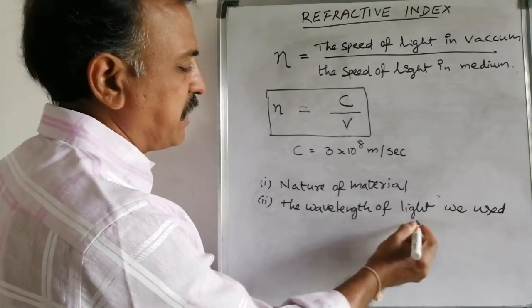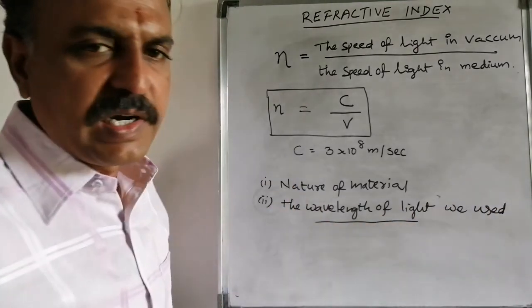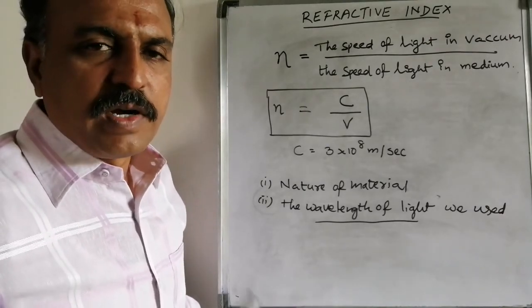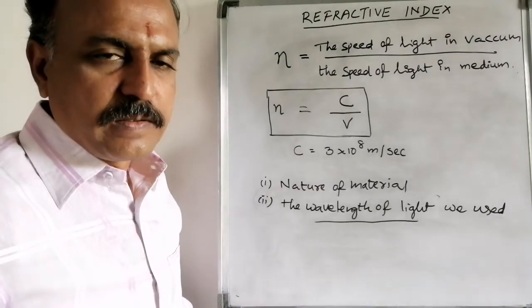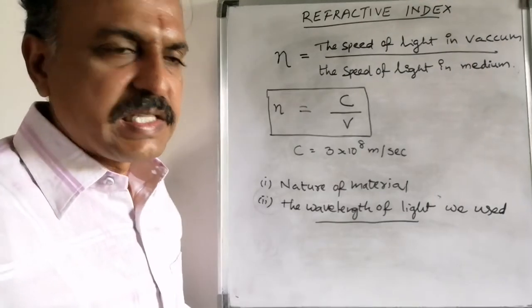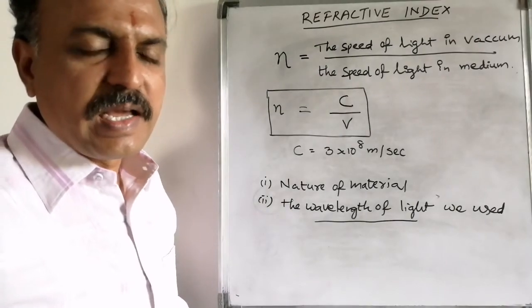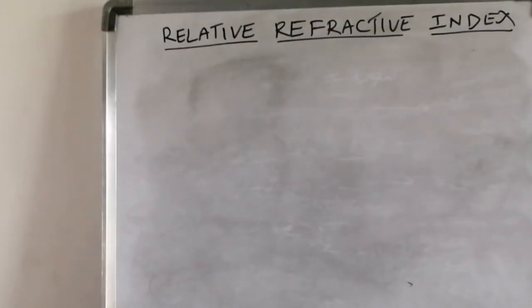Look here, the wavelength is different from one light to another light. So we simply say that light is not a single one, it is a combination of different wavelengths.